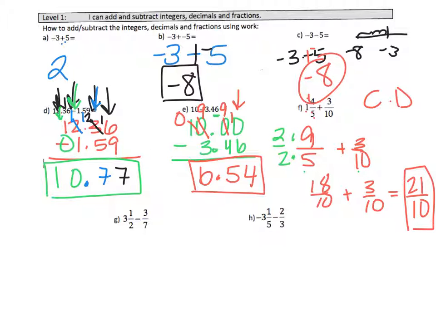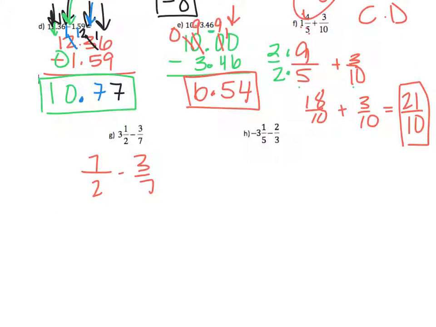Okay, likewise in G, I've got 3 times 2, which is 6, minus 1, which is 5. I'm sorry, plus 1. What am I doing? 3 times 2 is 6, plus 1 is 7, over 2, minus 3 over 7. Again, I need a common denominator. This time 2 doesn't become 7 easily, nor does 7 become 2 by multiplying, so I'm just going to multiply them by each other.